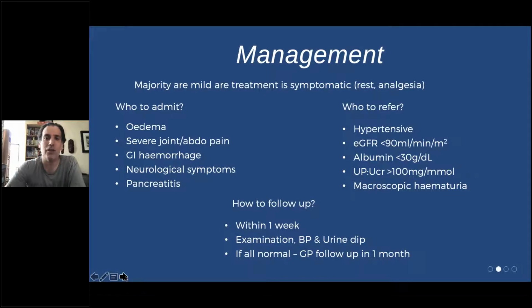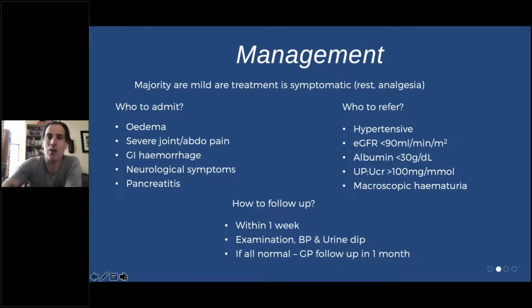If the child has significant edema, if their pain can't be controlled with simple analgesia, if you get quite severe joint pain, quite severe abdominal pain, any evidence of GI hemorrhage, neurological symptoms, which are exceedingly rare, and pancreatitis.